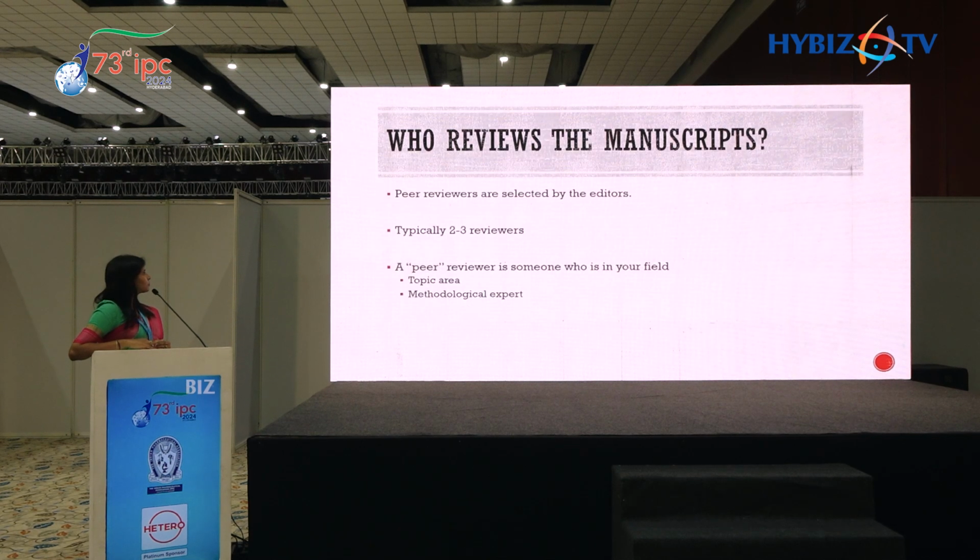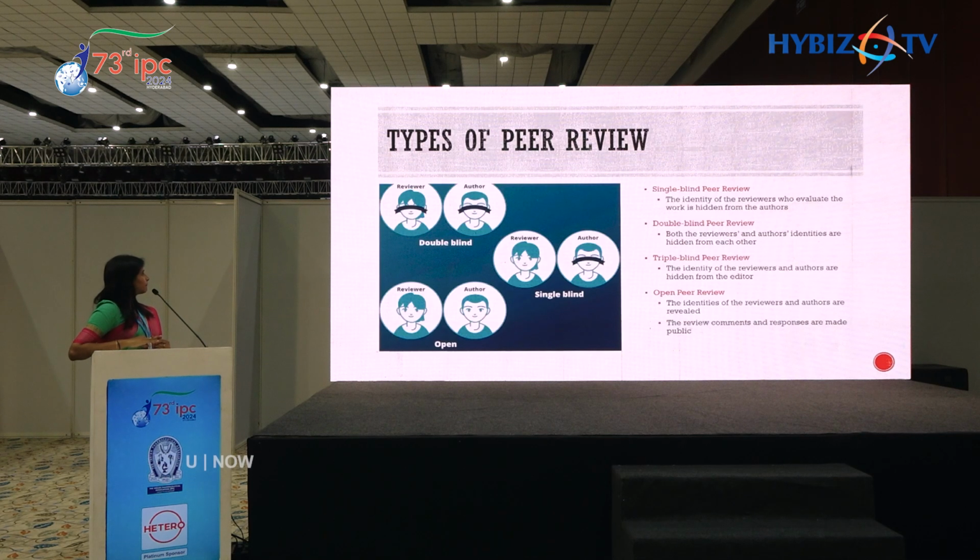Next. Peer reviewers are selected by the editors, typically 2 to 3 reviewers, and a peer reviewer is someone who is in your field. He is an expert in your topic or methodology. Next slide, please. The types of peer review. There are many types of peer review. Typically, the identity of the reviewers who evaluate the work is hidden from the author. The author doesn't know who evaluates the work.